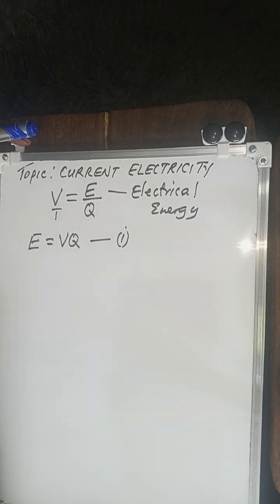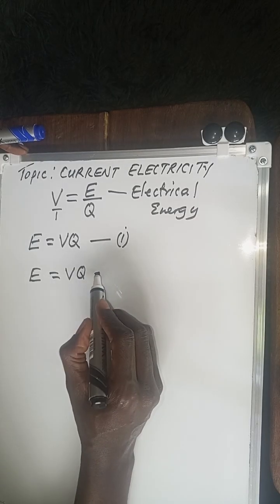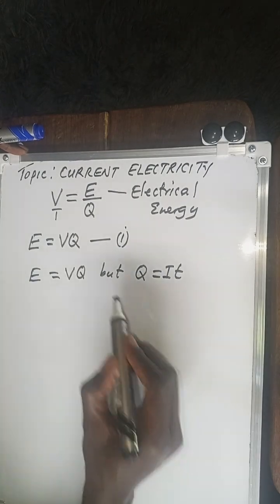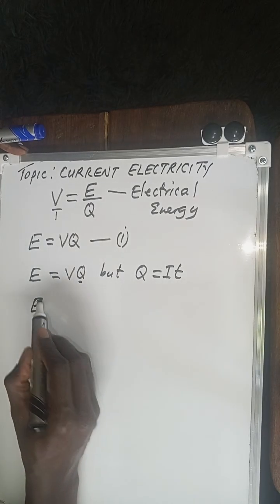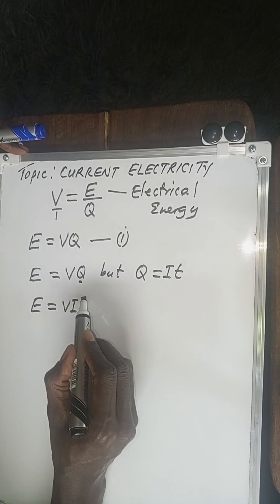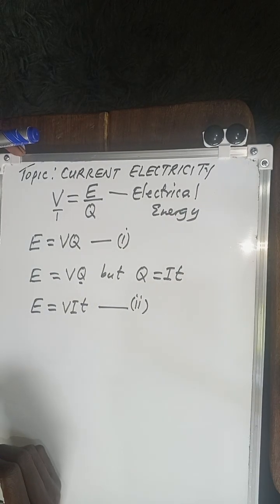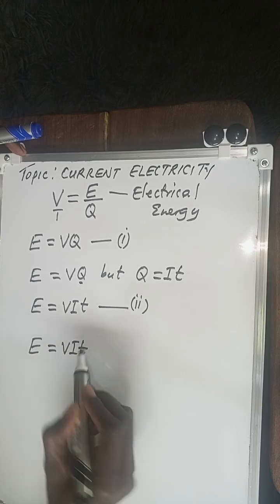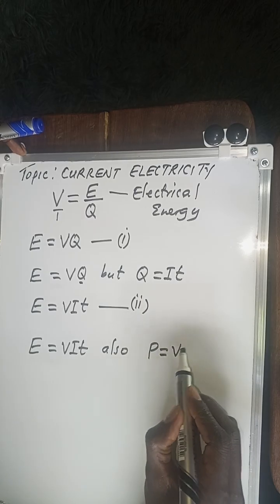Let's see how else we can calculate the electrical energy. So E is equal to VQ. But we also know so far that charge is equal to IT. So where there's a charge, I can replace it with IT, meaning that electrical energy is equal to voltage times current times time. So this is another formula that we can use to calculate electrical energy. What else? Let's go further. E is equal to VIT, but we also know that power is equal to voltage times current.